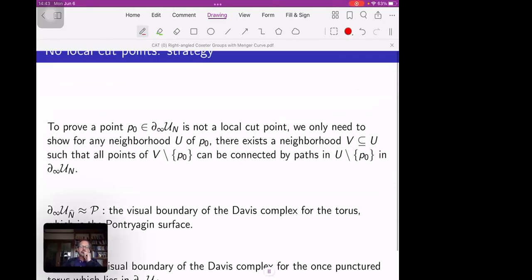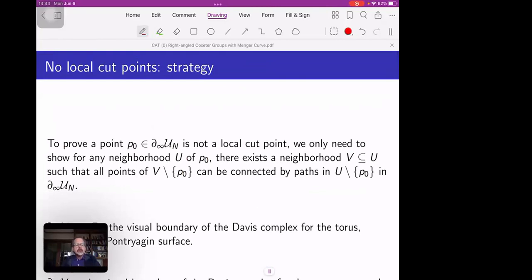So firstly, I would like to talk about no local cut points. The strategy is to prove that a point is not a local cut point. We only need to show that for any neighborhood U, there exists a neighborhood V, such that all points in V, after removing P0, can be connected by a path in U. So the simple picture is like this.